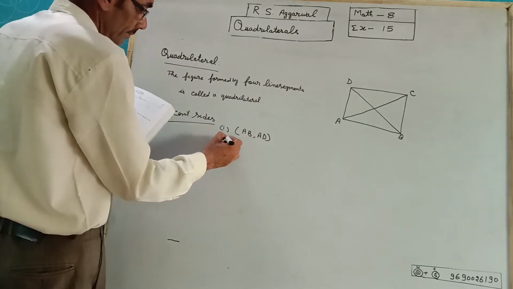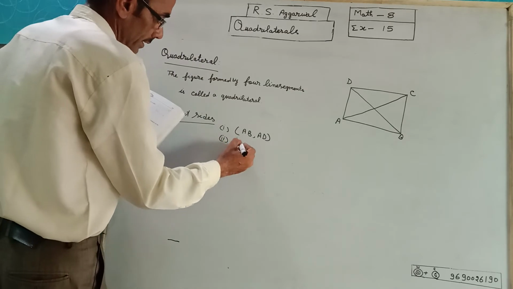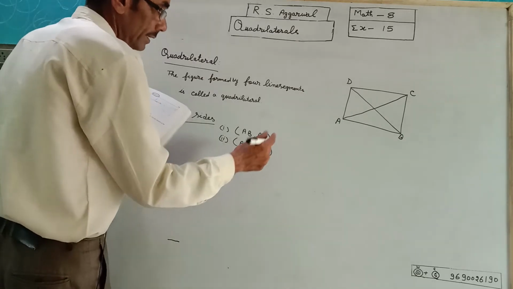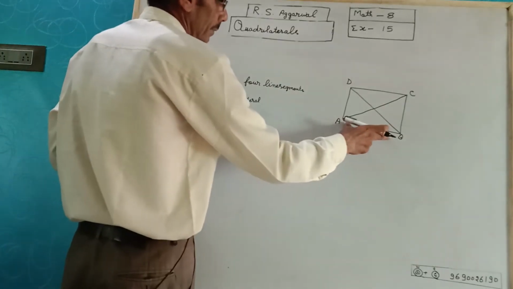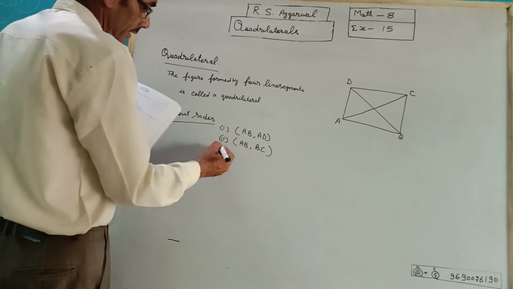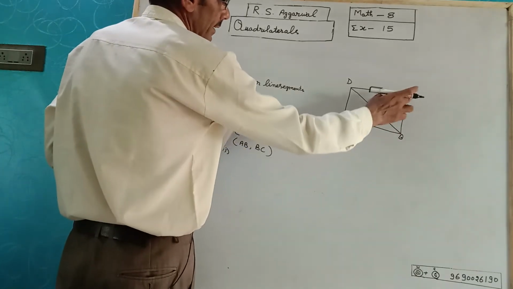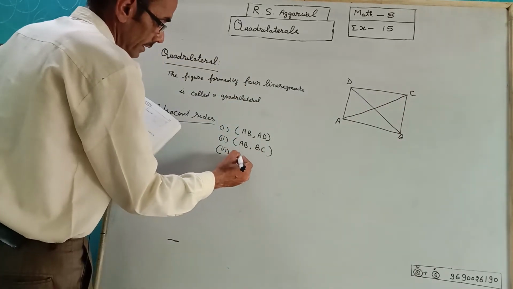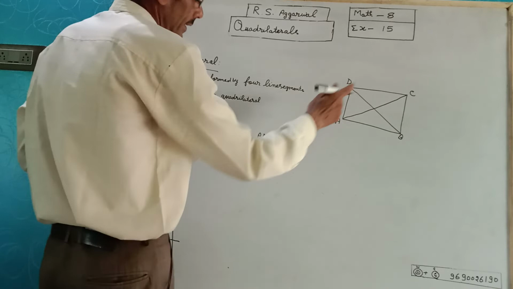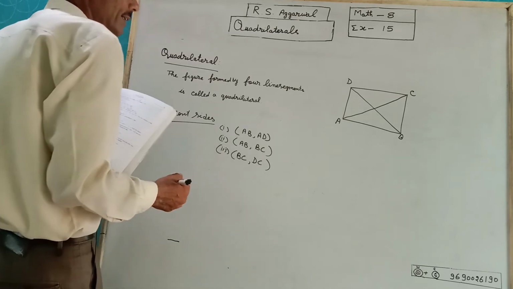Second pair is AB and BC. AB and BC meet at vertex B. Third pair is at point C, BC and DC, called adjacent sides.